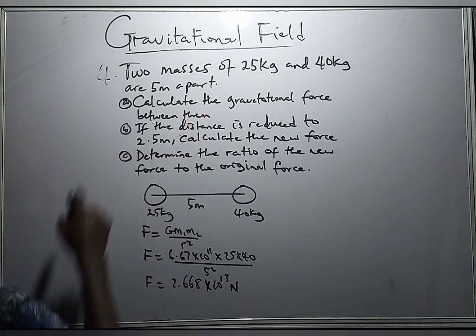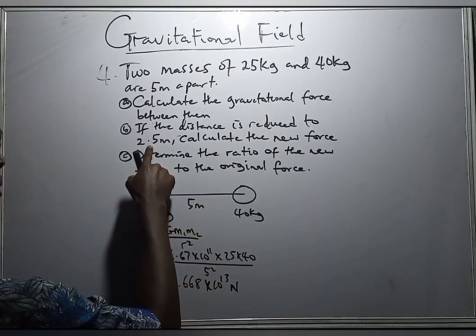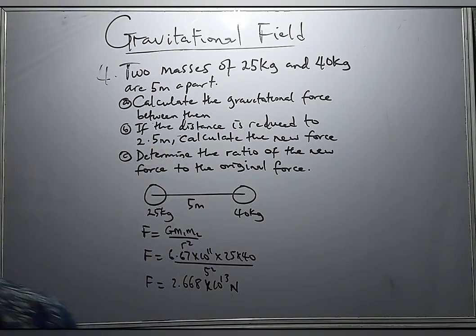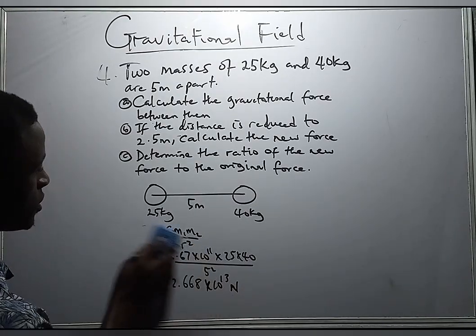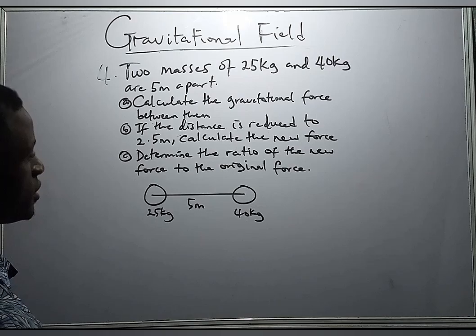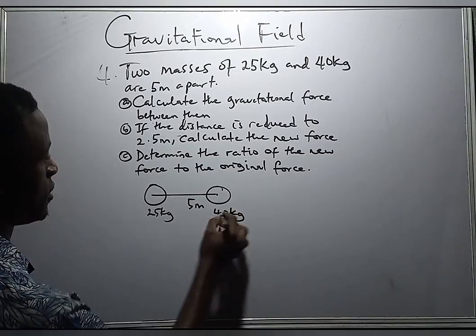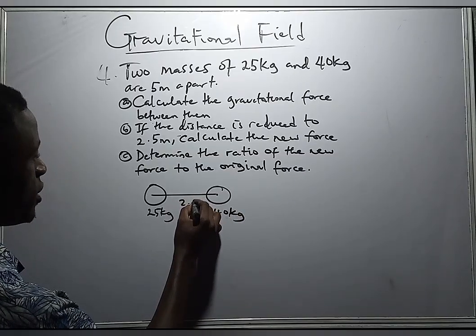Now look at part B. Part B says if the distance is reduced to 2.5 meters, calculate the new force. So let us do that. If they reduce the distance, it means that this is going to move closer. That will be 40 kg, and this is now going to be 2.5 meters.